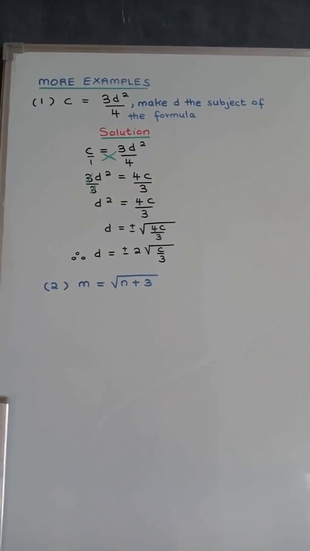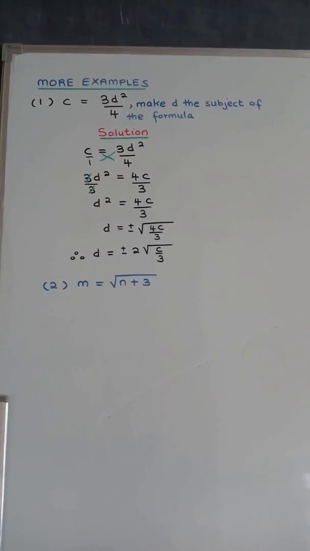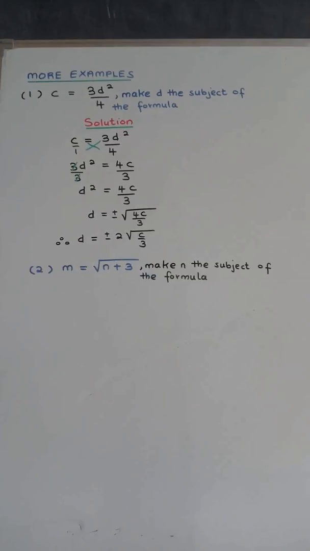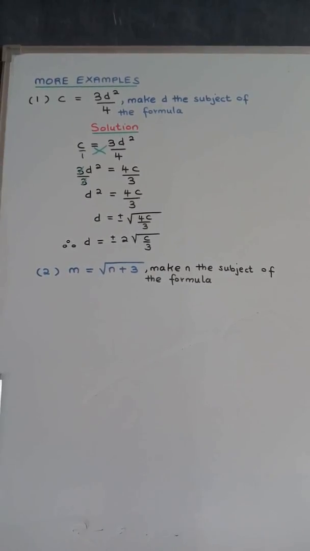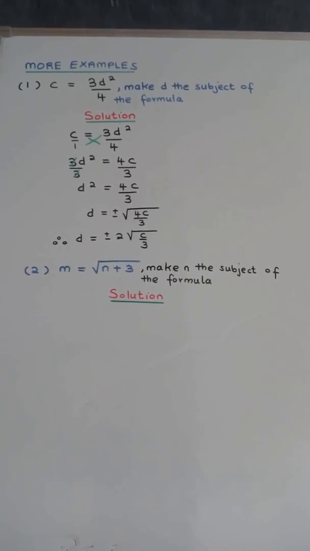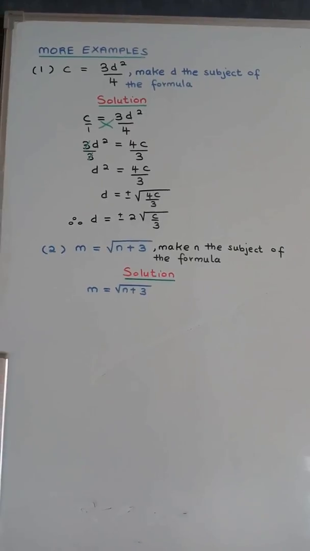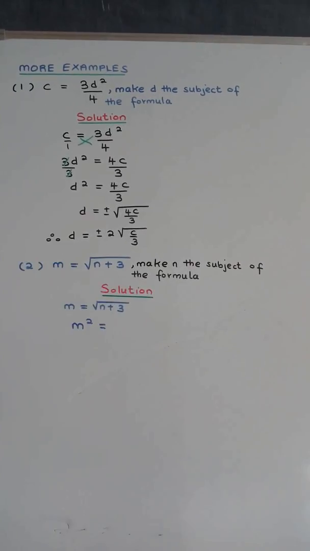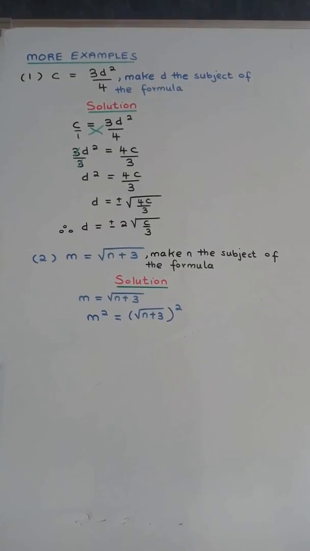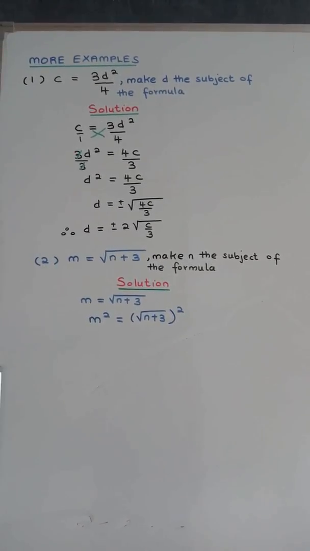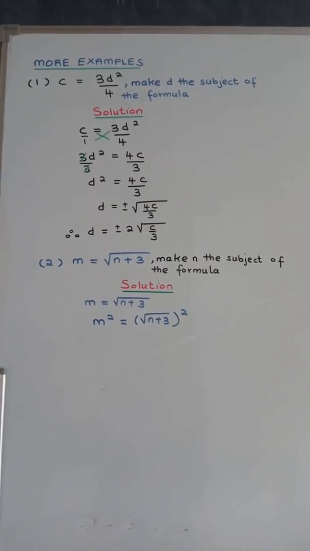Number 2, m is equal to the square root of n plus 3. Make n the subject of the formula. Solution. m is equal to the square root of n plus 3. m squared is equal to the square root of n plus 3, squared, if we square both sides.